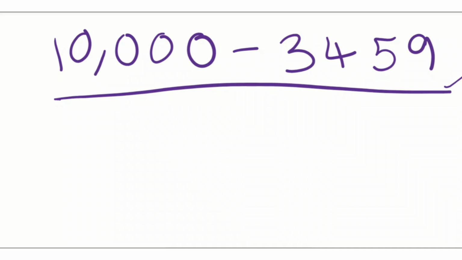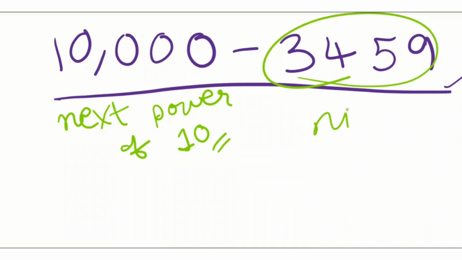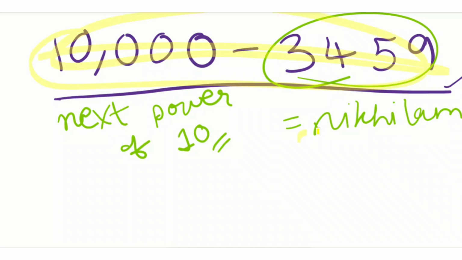When you're asked subtraction, you can notice that 10,000 is the next power of 10. So when it's the next power of 10, you basically have to find the Nikhilam of this number, right? So the value of this whole expression is going to be the Nikhilam of 3459.